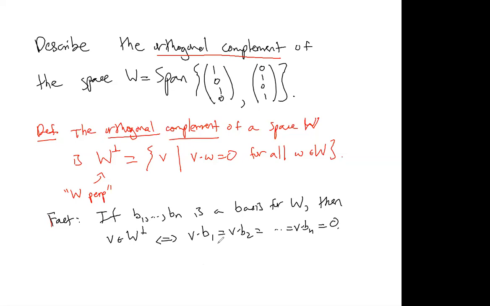All right, and this is how we're going to find orthogonal complements, because I can just rewrite this. Remember the dot product is another way to say V transpose B1. It's the matrix product where V transpose is a row and B1 is a column, so this is a 1-by-1 matrix, which we identify with a real number.